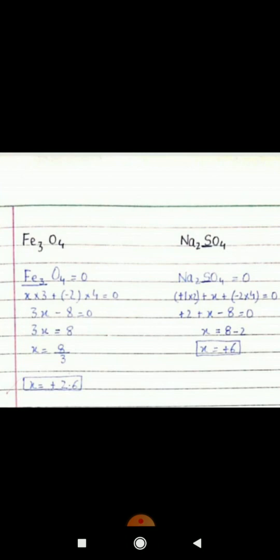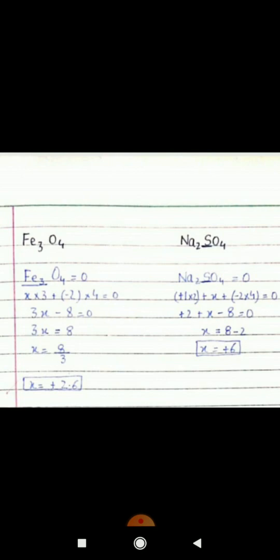The formula indicates that there are 3 atoms of iron and 4 atoms of oxygen, and the sum of oxidation states in the algebraic expression is equal to 0. Here we find the oxidation state of iron, which is represented by X, and there are 3 atoms of iron, so X is multiplied by 3. And 4 atoms of oxygen.